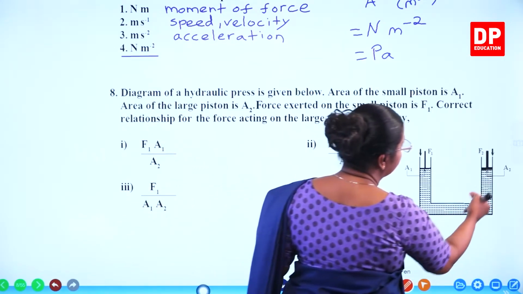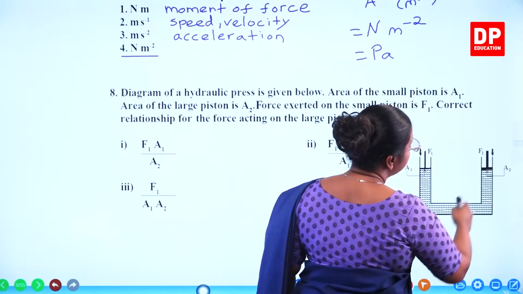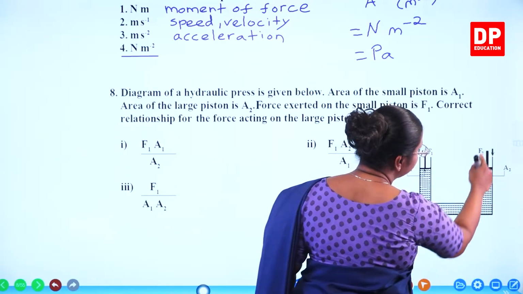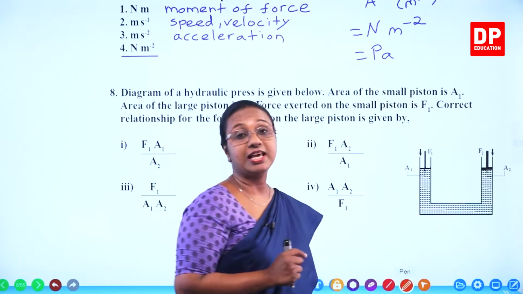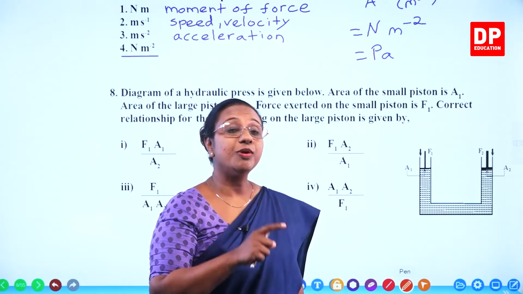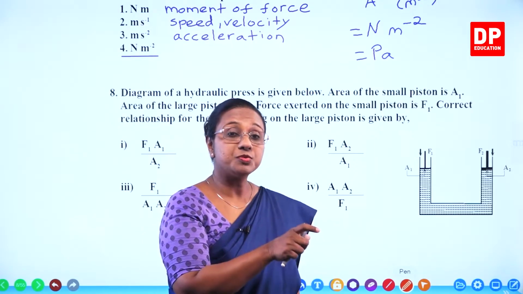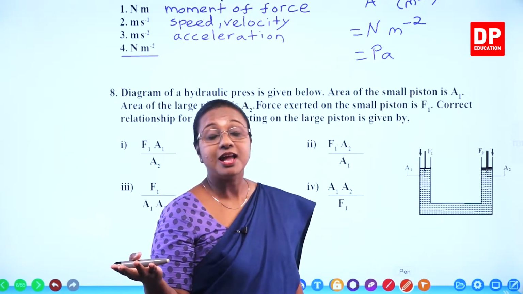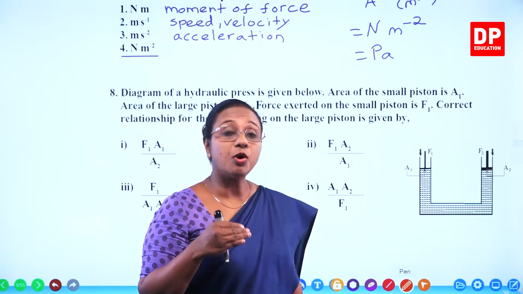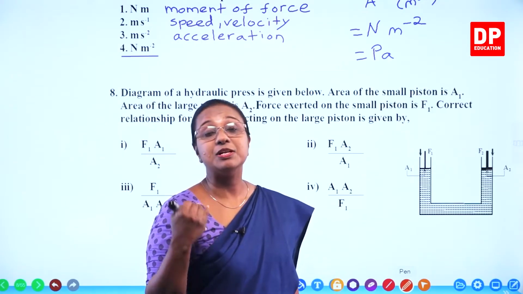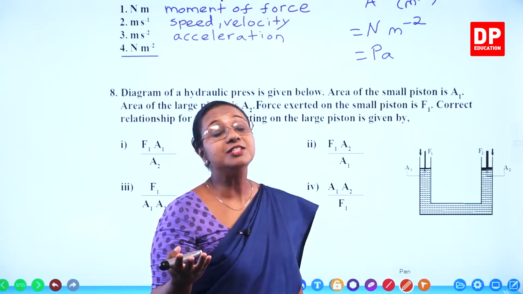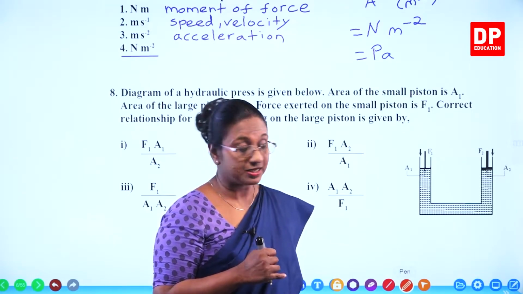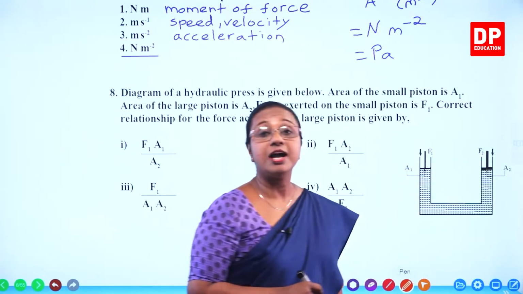That again exerts a pressure here, equal to force over cross-sectional area there. So when you have two arms, one small piston and one large piston, by applying a small force to the small piston, we are able to lift a larger force on the larger piston. That is the concept of the hydraulic press.